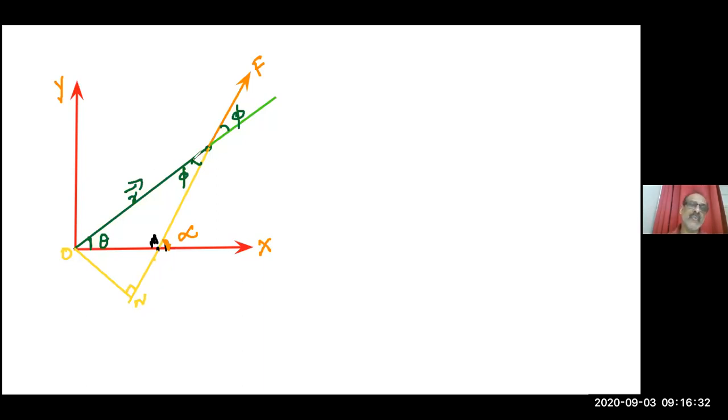Now this is phi. From triangle OPN, this point is P. It's a right angle triangle, right? Opposite side will be r sine phi. This will be r sine phi.